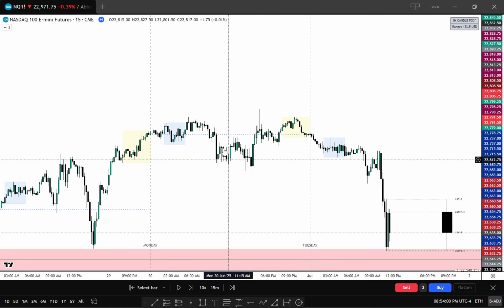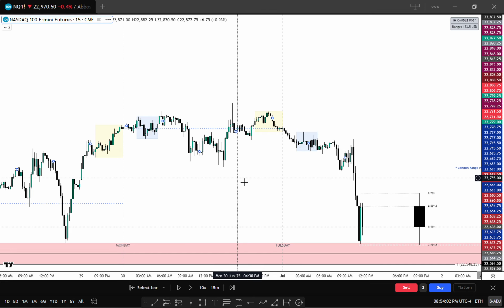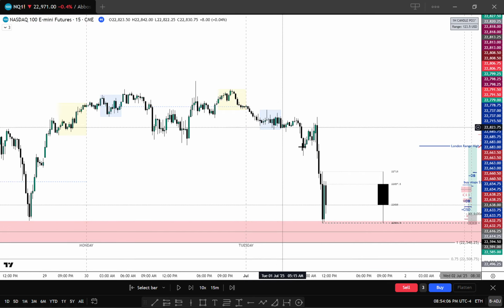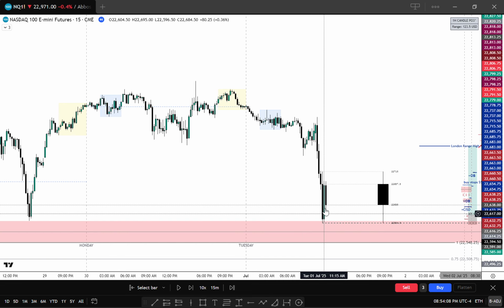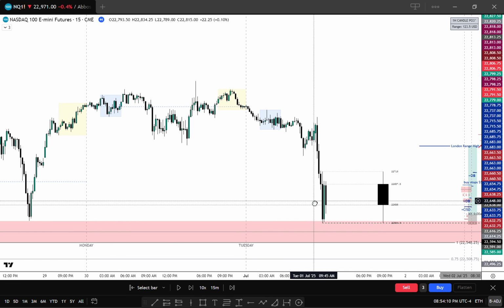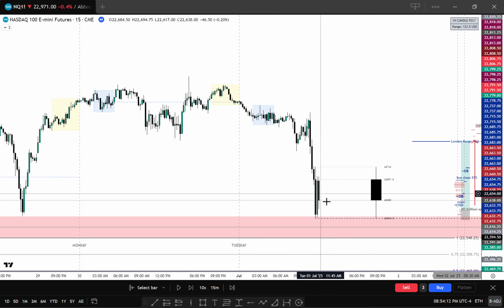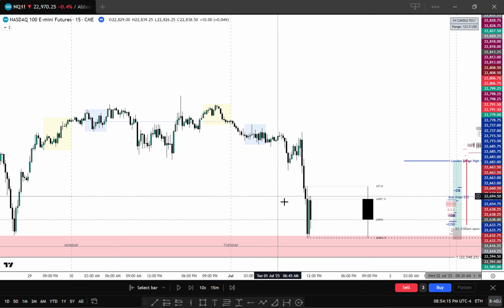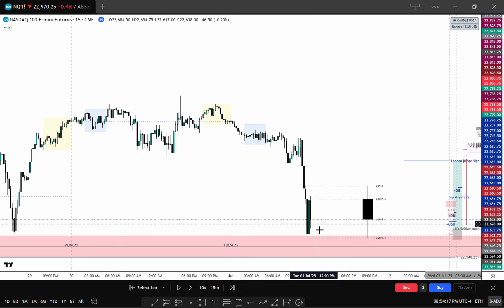So we have Monday accumulation. If you just imagine the weekly candle, we have a small range Monday. What are we seeing on Tuesday? We're basically seeing the bottom wick of the weekly candle unfold.